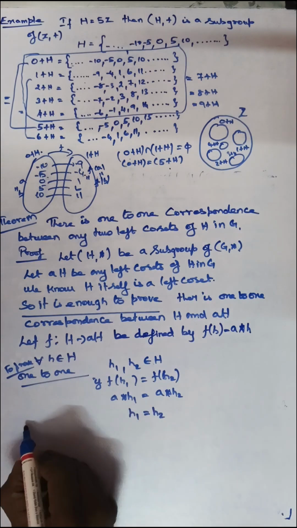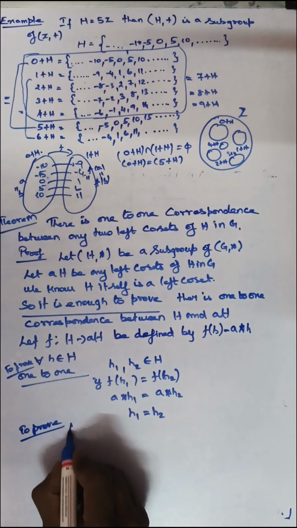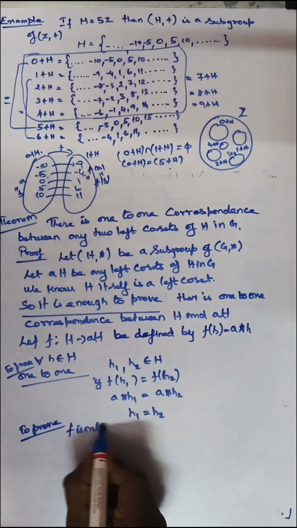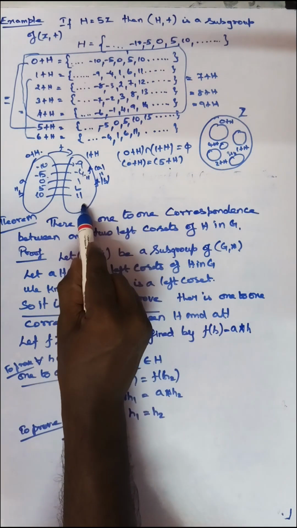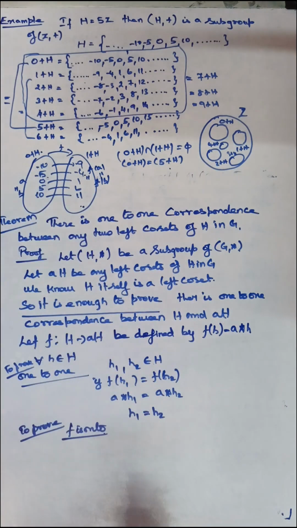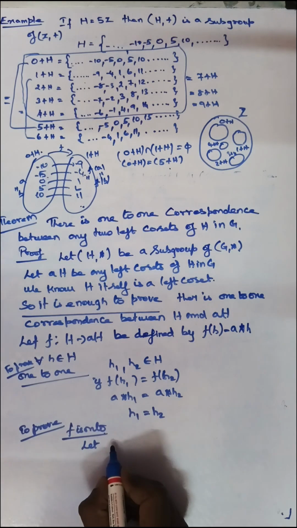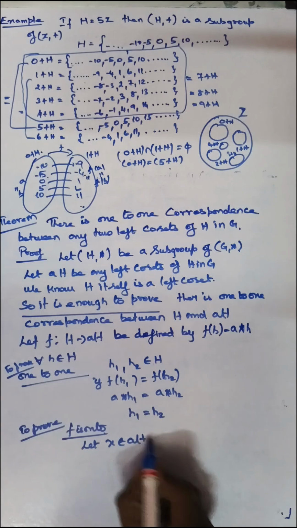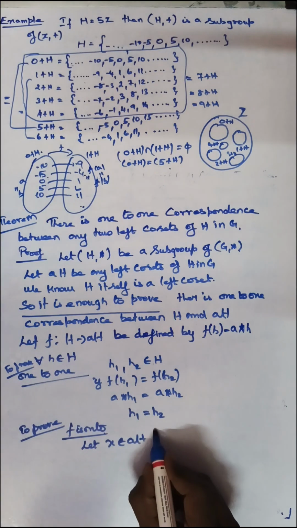To prove f is onto, we take an element in the codomain and show there is a pre-image in the domain under the function. Let x belongs to AH be any element.